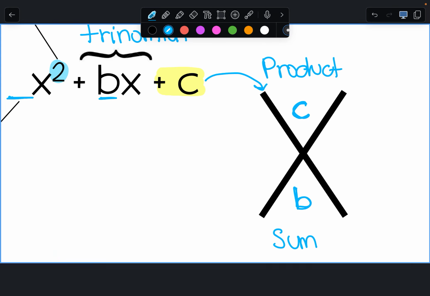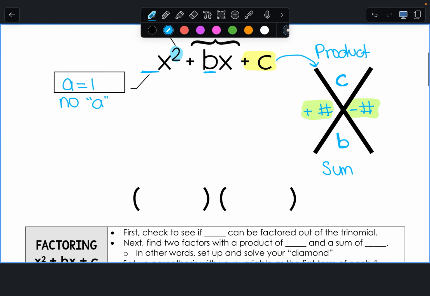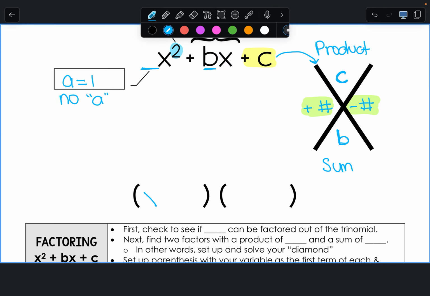Now whenever you solve that diamond, you're going to end up with numbers on the left side and on the right side. They can both be positive, they can both be negative, or one can be positive and one negative. These are the two numbers that go into our binomials. So you end up with x plus a number or x minus a number.